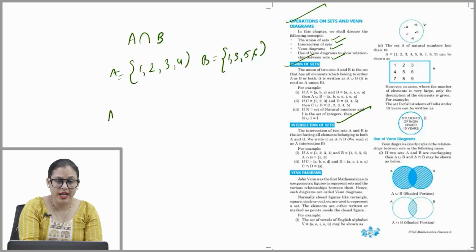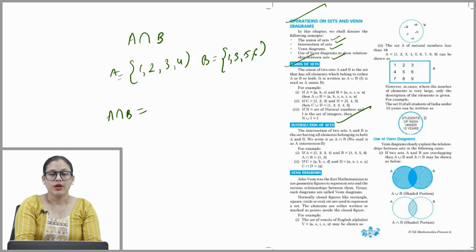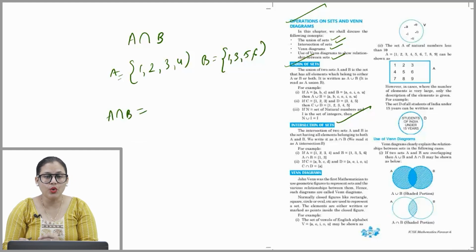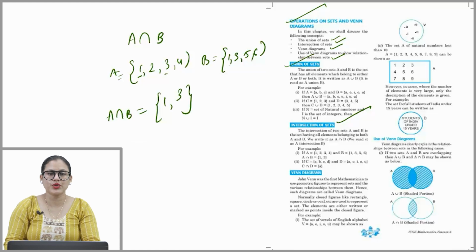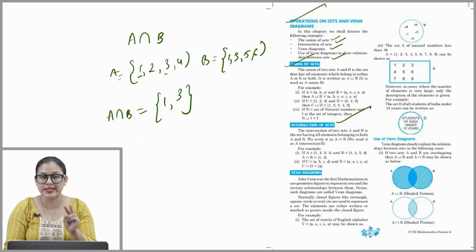Now, A intersection B is what? Which elements are in both these sets? We will write those elements only. So here, as you can see, 1 and 3. We will write only 1 and 3 because only these two elements are the same in both these sets.